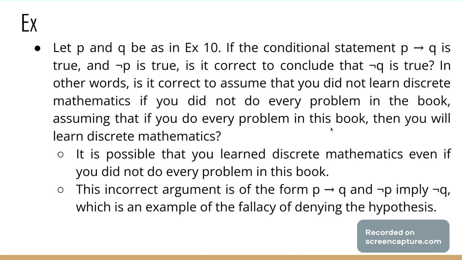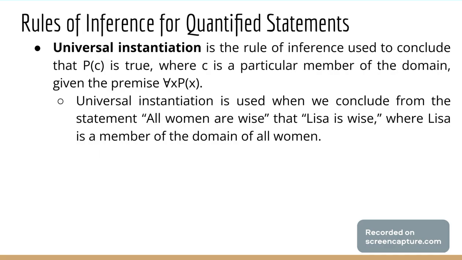This is the fallacy of denying the hypothesis. So the conclusion that you have not learned discrete mathematics because you have not done all the problems in the book is not true. It is not a valid argument. So this is an example of the fallacy of denying the hypothesis.